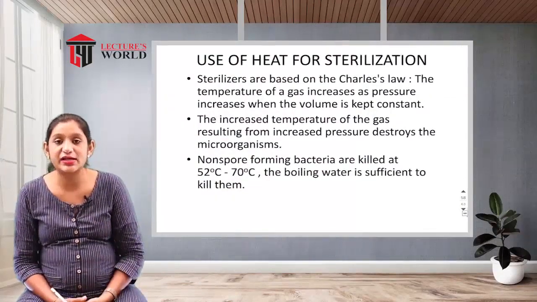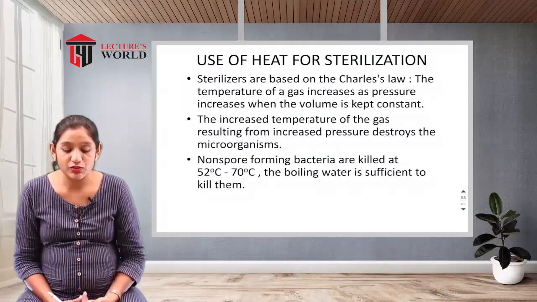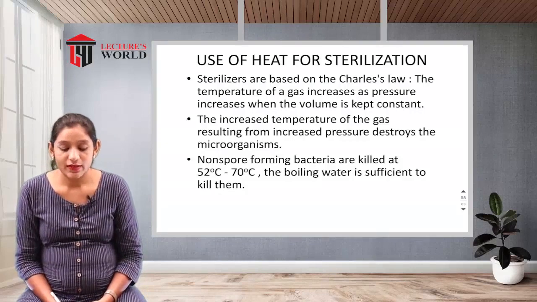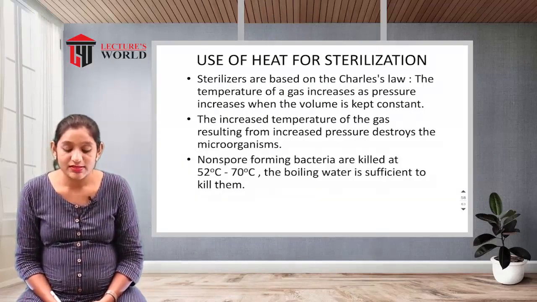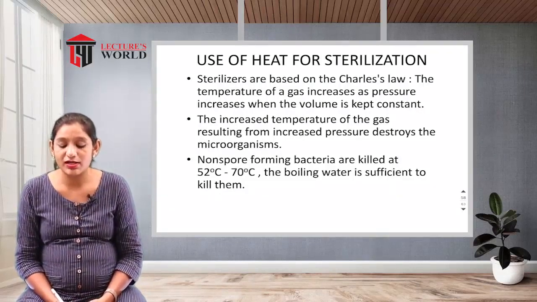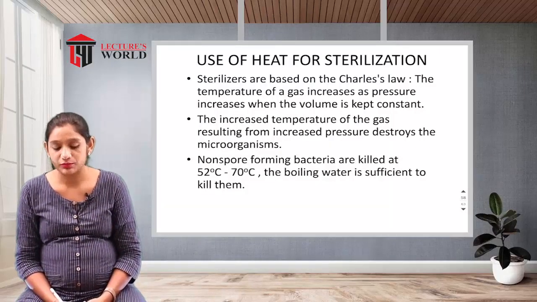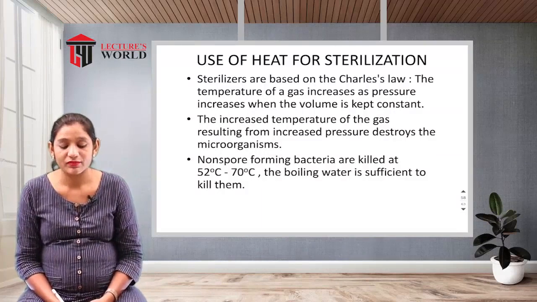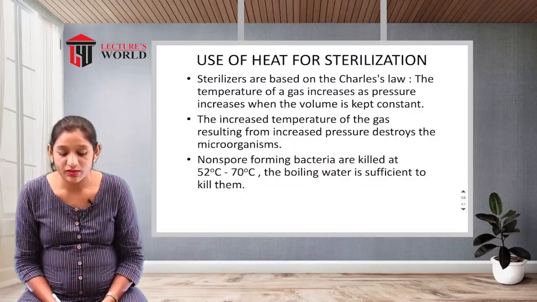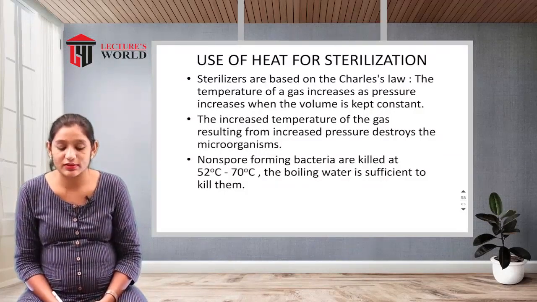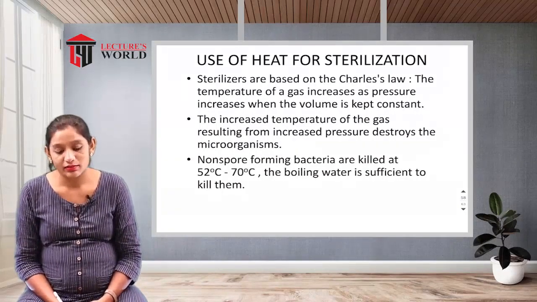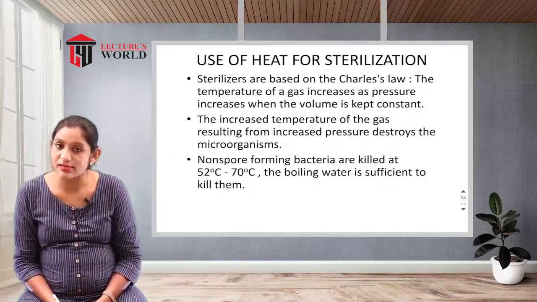Now another utilization of heat: the use of heat for sterilization. Sterilizers are based on Charles law. What is Charles law? The temperature of a gas increases as the pressure increases when the volume is kept constant.